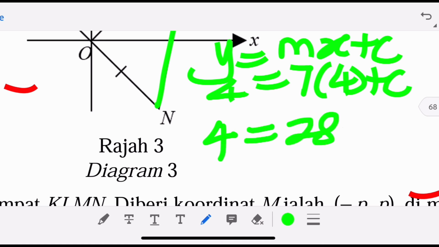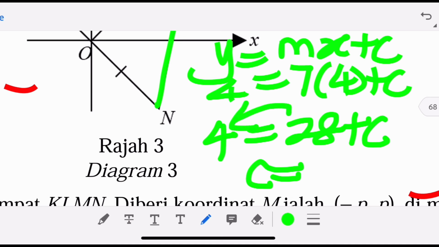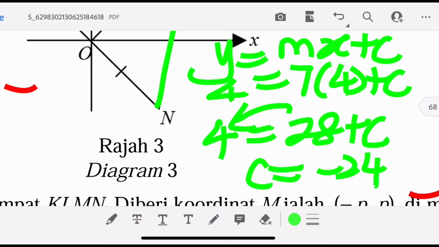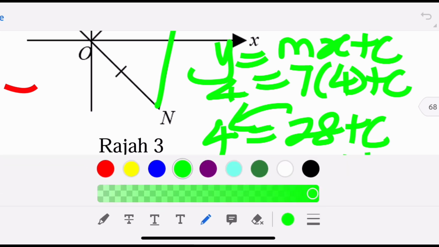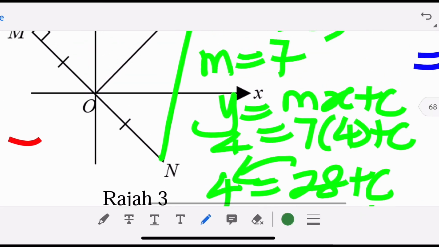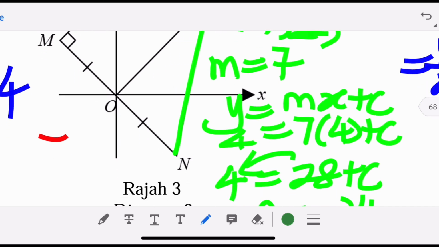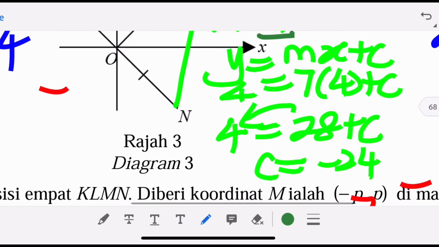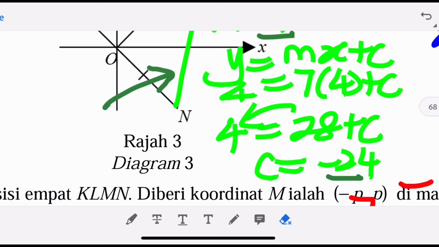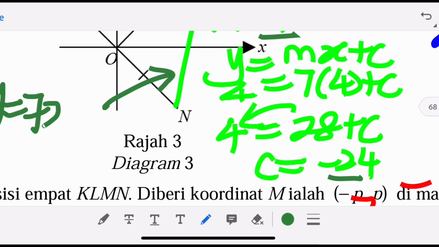This is 28 plus c. c is 4 minus 28. Bring over, negative 24. So that means the equation for the line KN, we use back the gradient, we use back the intercept. So this equation is y equal to 7x minus 24.